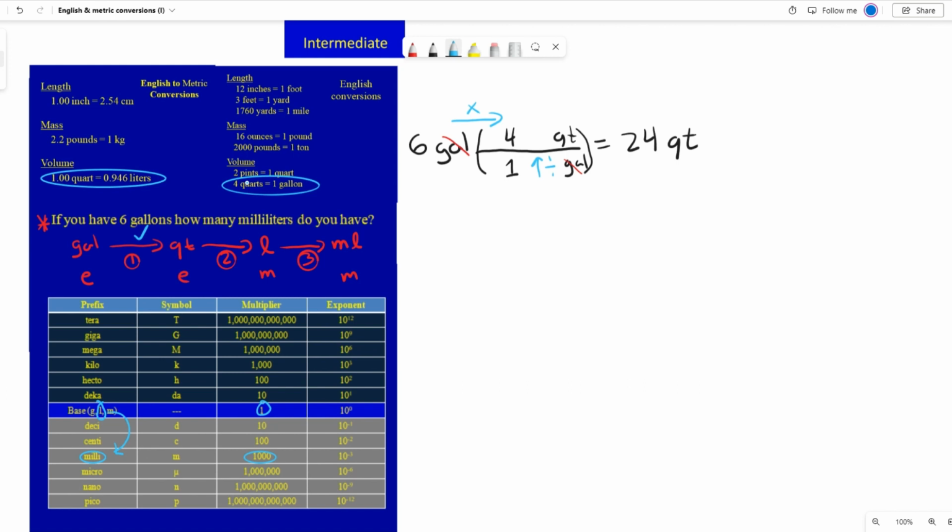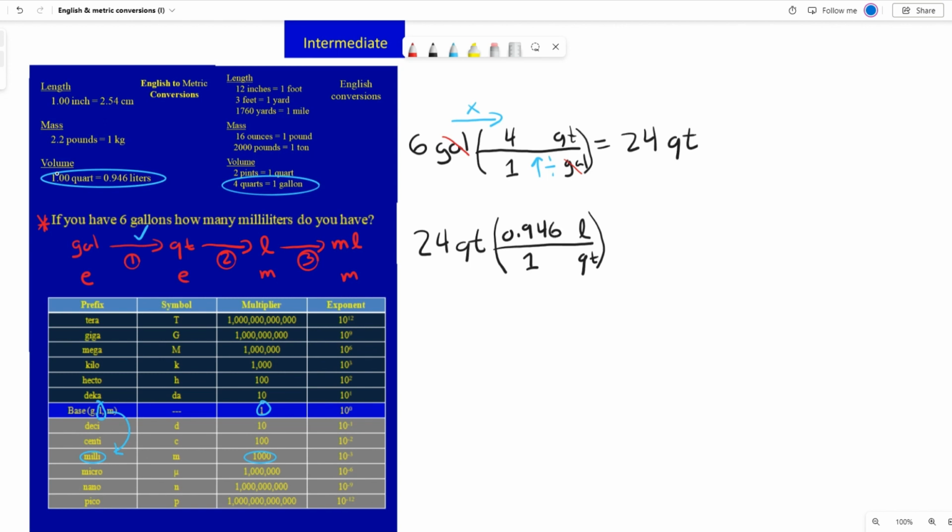Now we want to go from quarts to liters. So we'll take our 24 quarts, set up our conversion factor, put quarts on the bottom so it cancels out, liters on the top because that's what we want to end up with. And now we're going to be using this conversion here. 1 quart is equal to 0.946 liters.